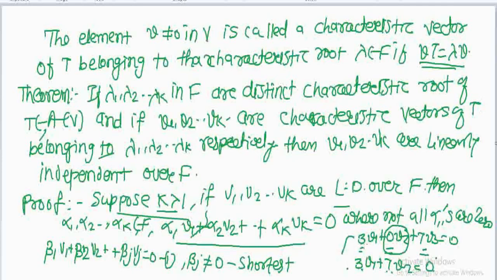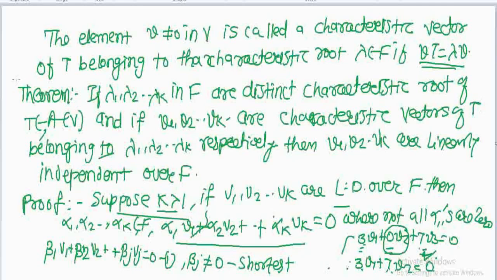Here we have reduced three vectors to two vectors, and it is not possible to reduce these two vectors to one vector. So in that sense it is the shortest. We have assumed this is the shortest relation, where none of the scalars is 0.